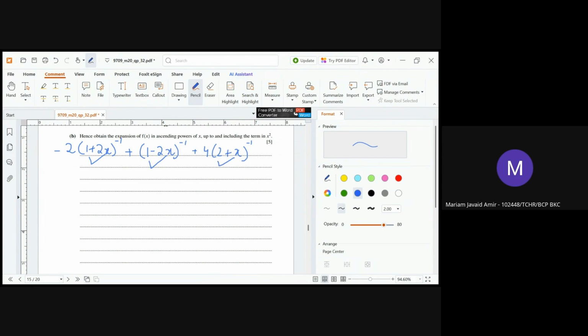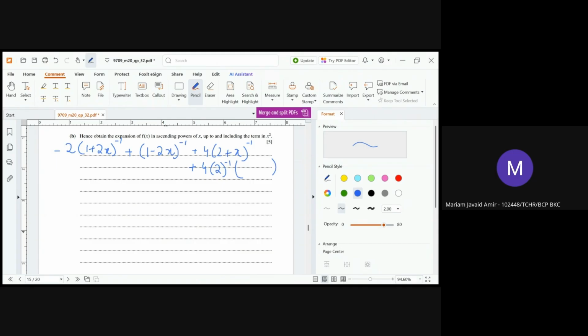This can't be expanded unless you get rid of this 2 and change it into 1 by taking 2 common. When you take 2 out of this bracket, it will come with its power, so 2 to the power negative 1.